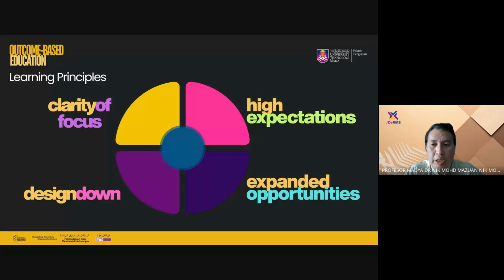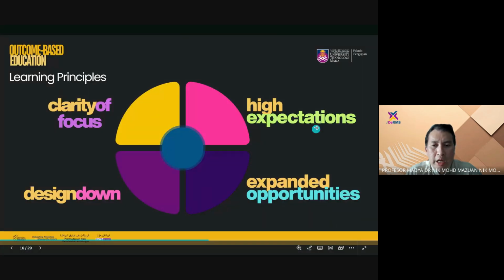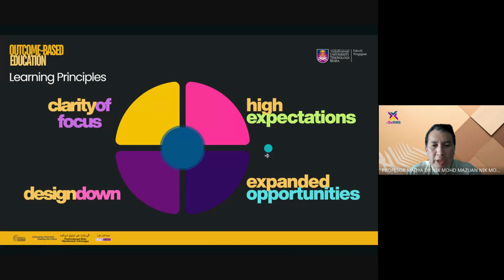It's just that we need to recheck again when we do the curriculum review. Do we need to improve further? For example, the expanded opportunities and higher expectation. But I think for our faculty right now, probably we can focus on the design down, because when we look at the learning outcome, the method of exam probably does not really address the learning outcome.